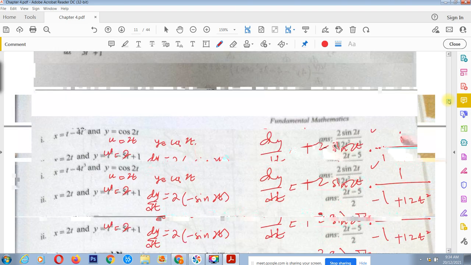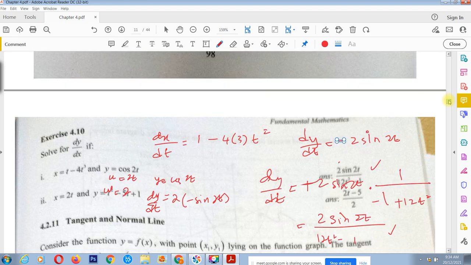Right, so the next one is easier. The next one is just a direct function. So we get this: dx/dt equals 2, dy/dt equals 2t minus 5.